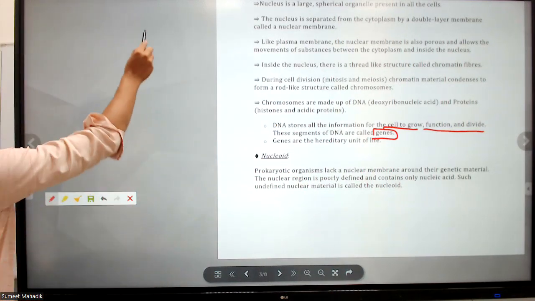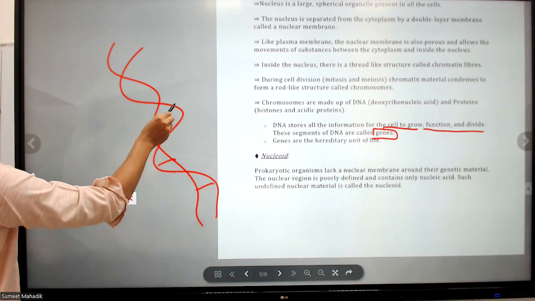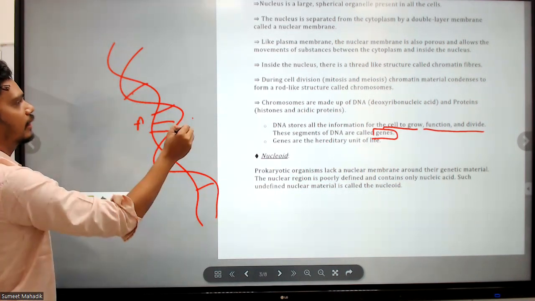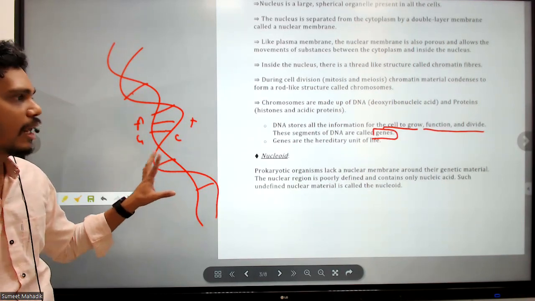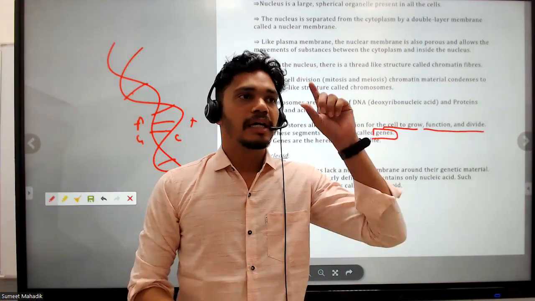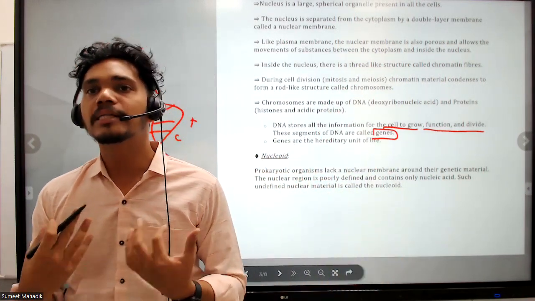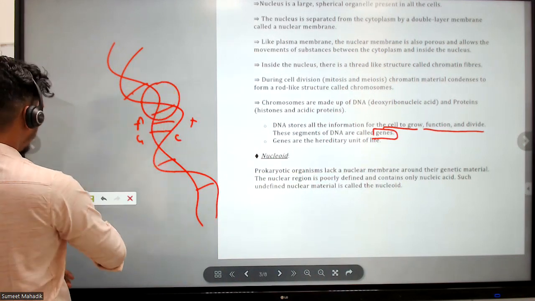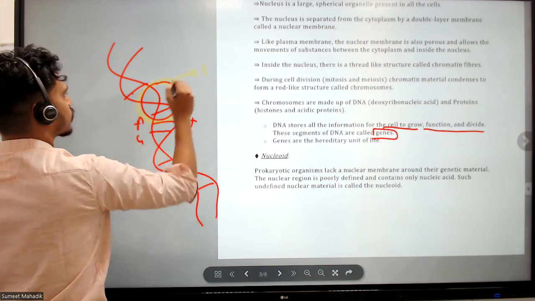Means what? If I draw the DNA structure, these are the bonds. A, T, G, C. We'll study later on what that is. Now, DNA is a double-stranded helical structure. It has small fragments. For example, in the body, insulin should be secreted, so some part of the DNA is responsible for the insulin.